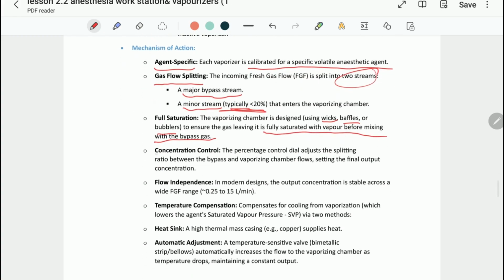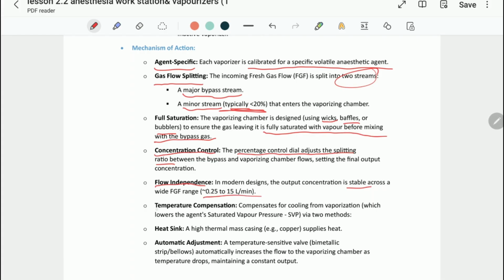They all have concentration control. The percentage control dial adjusts the splitting ratio between the bypass and the vaporizing chamber flows, setting the final output concentration. They have flow independence. In the modern design, the output concentration is stable across a wide fresh gas flow range, which is usually 250 milliliters per minute to 15 liters per minute.